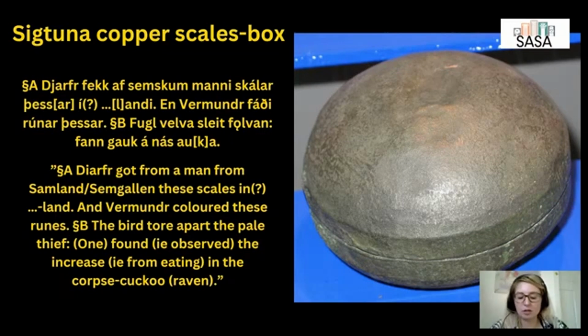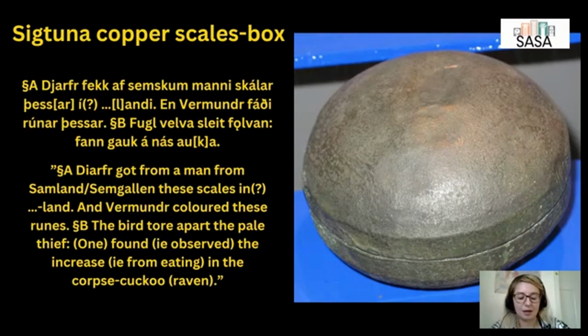And then the interesting part: the bird ripped apart the pale robber. One saw how the corpse-cuckoo, that would be the raven, swelled. So there are definitely metaphors, so-called kenningar, used here, complex metaphors. And it would have been quite an important message, because the person who composed the poem would have put a lot of effort into writing such a poem.